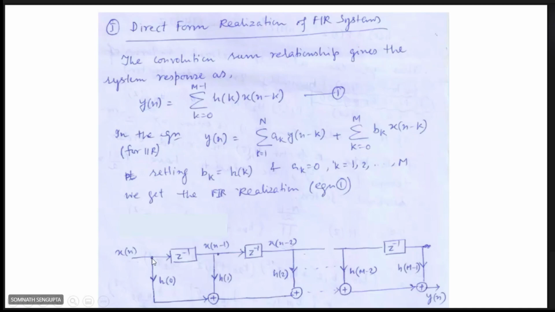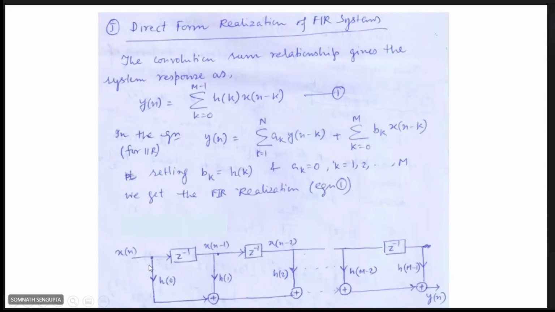At the output of every delay element, you multiply it with the corresponding term given in the impulse response. So your impulse response is h[n], with n ranging from 0 to M-1, provided M is the finite length for an FIR system.